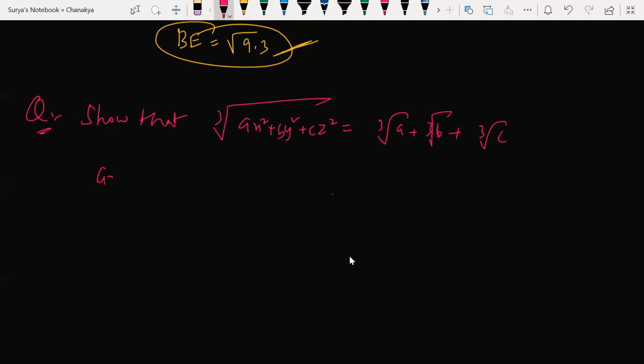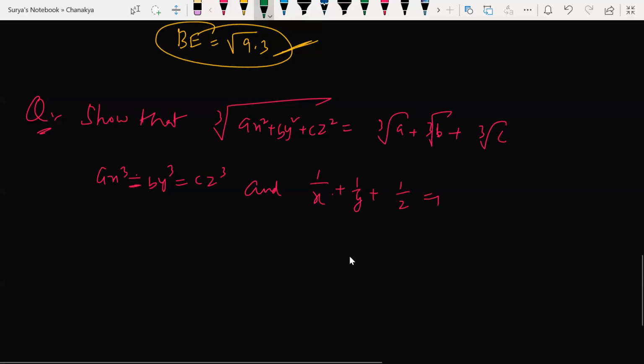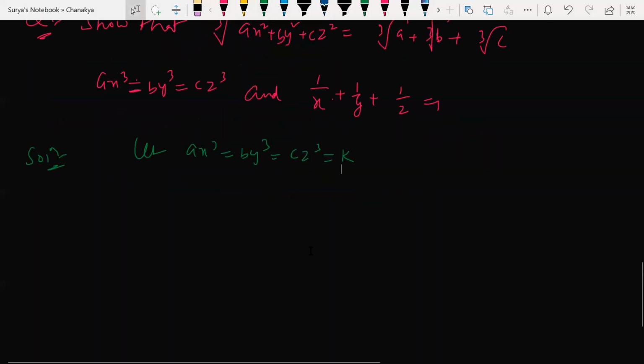Given that ax cube is equal to by cube is equal to cz cube, and 1 by x plus 1 by y plus 1 by z is equal to 1. Correct? Let us consider this ax cube, by cube, cz cube is equal to k.